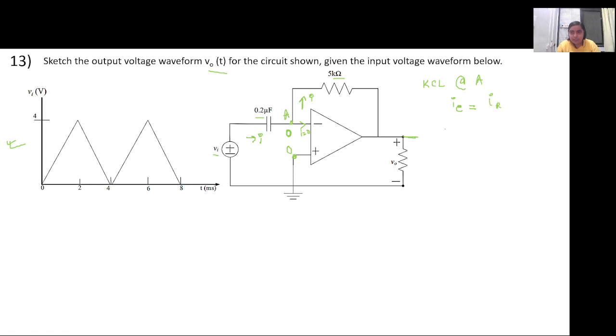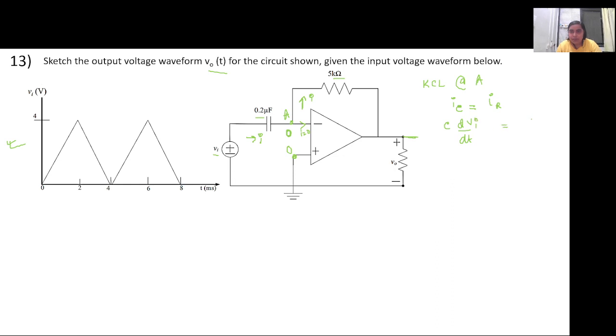So IC is C dV/dt. It is C dV by dt, and dV here is Vi minus V I, and this V I is 0, so only Vi will be there.